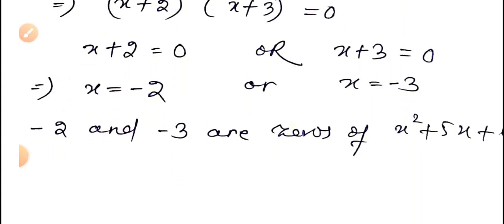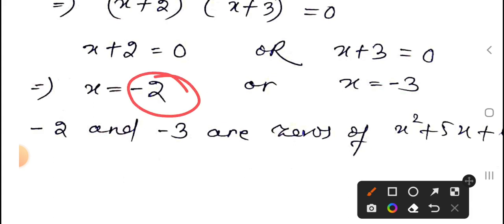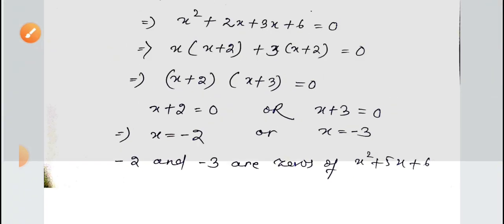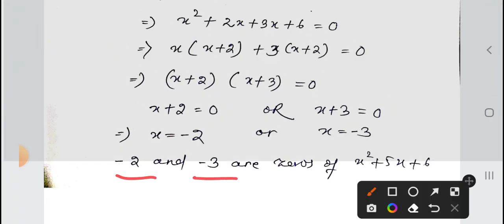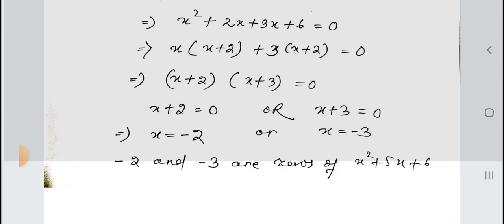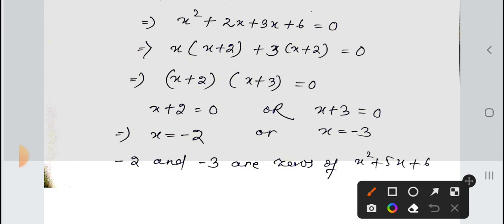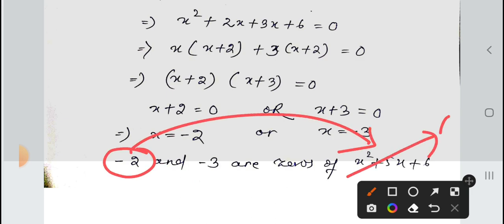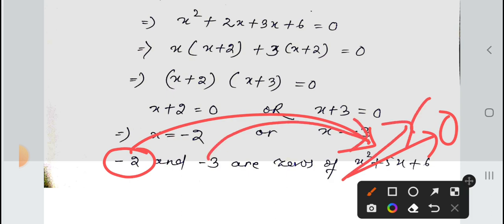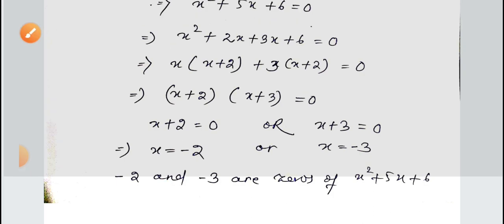But for the polynomial you will say that minus 2 and minus 3 are the zeros of x square plus 5x plus 6. When we put the value of x as minus 2 in this polynomial, it becomes 0, and also when we put minus 3 in place of x, it becomes 0. That's why minus 2 and minus 3 are zeros of this polynomial.